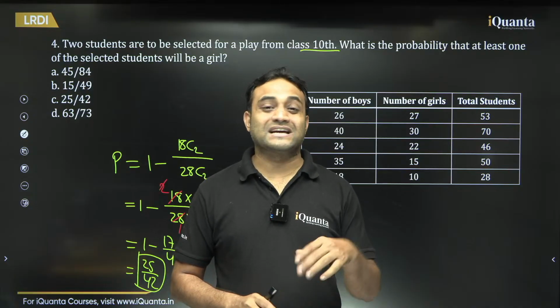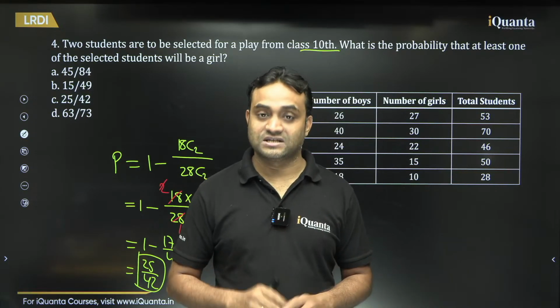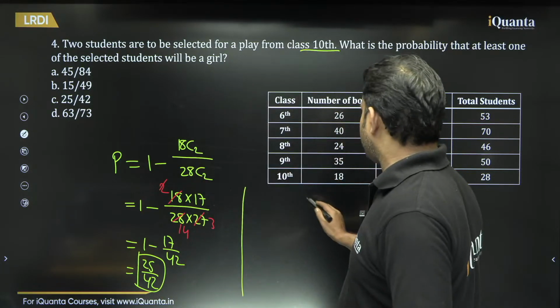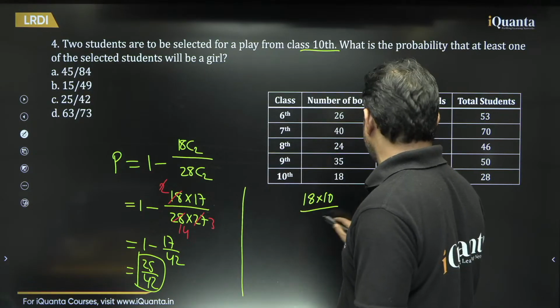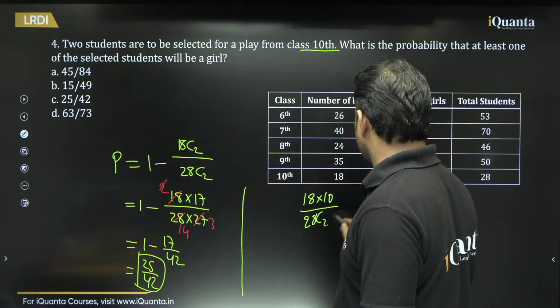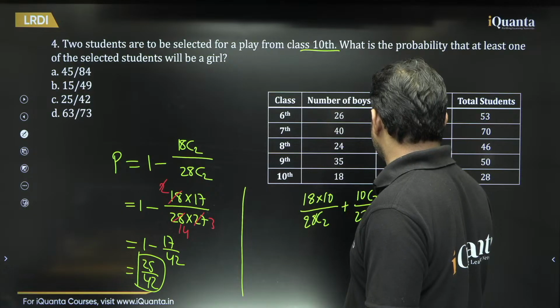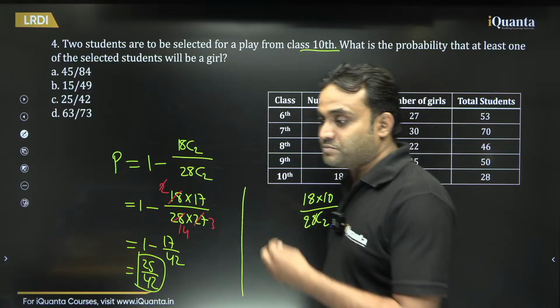Exactly one girl and one boy, or exactly two girls. We can also solve it like that. If one girl and one boy is selected, then 18 into 10 divided by 28C2. If both of them are girls, then 10C2 divided by 28C2. So you will still get the same answer, which is option C.